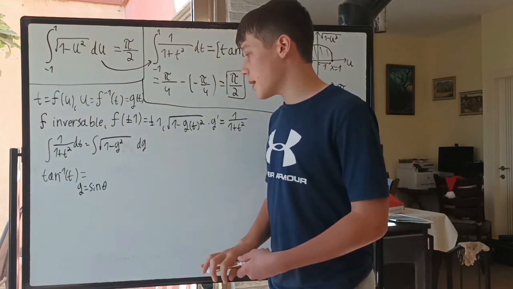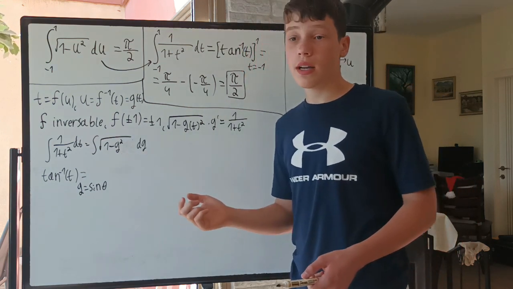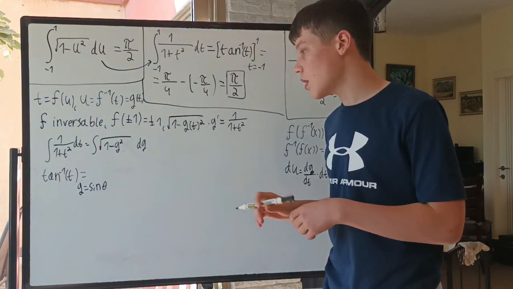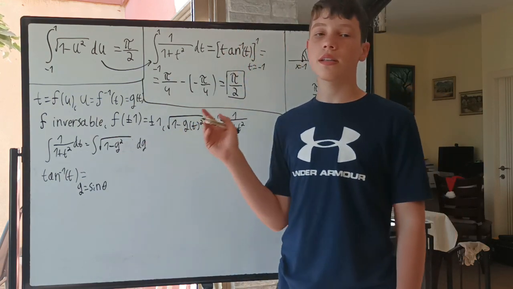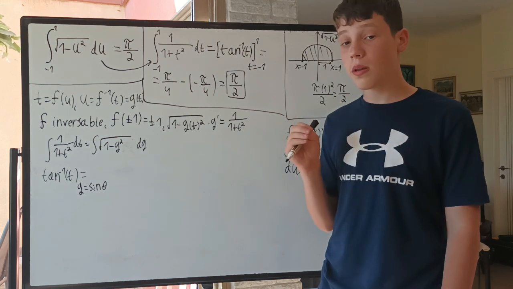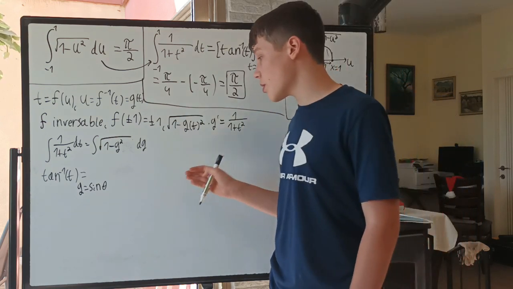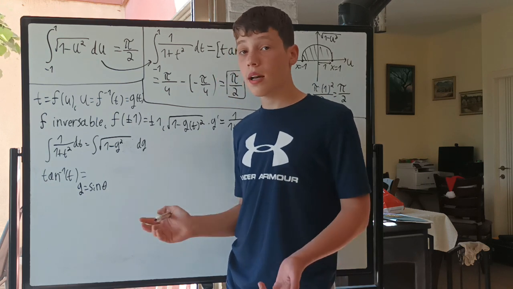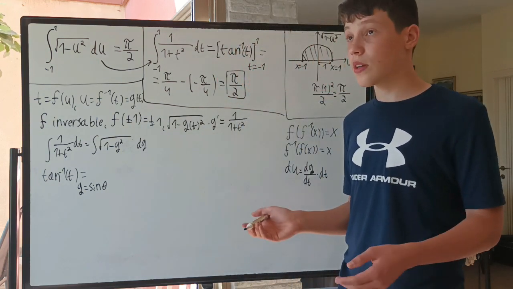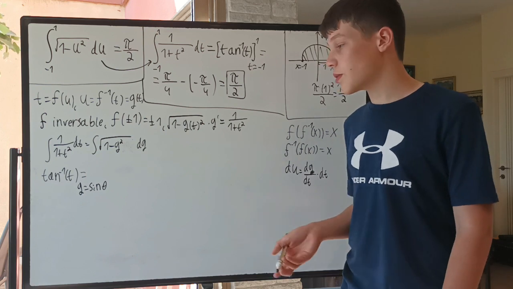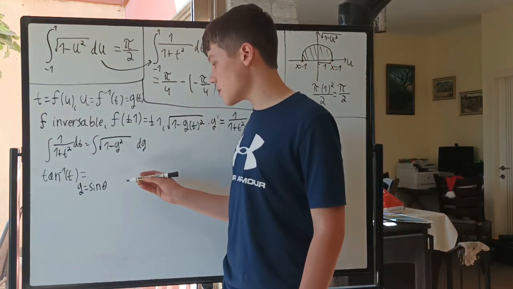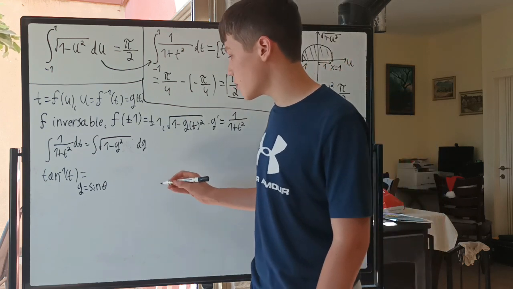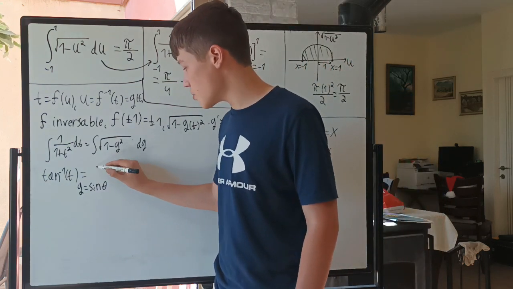But here, because this function is only defined between -1 and 1, like the biggest interval that this function can be defined on is from -1 to 1, and in that interval, the arcsine of g, which is what theta is, is indeed 1-to-1. It's even invertible, I believe. So there is no problem with that substitution. Just wanted to clear that up so there's no confusion.